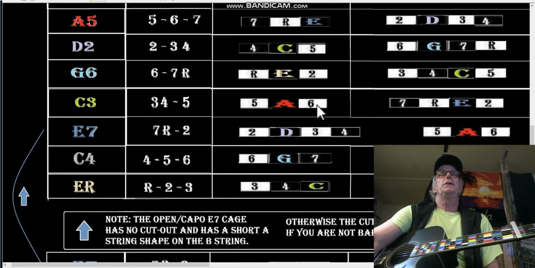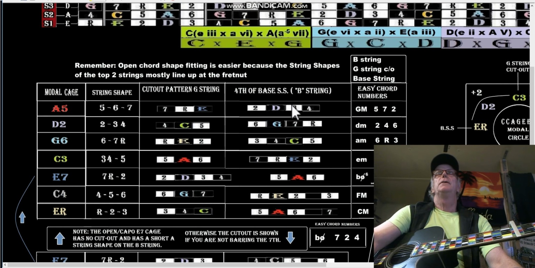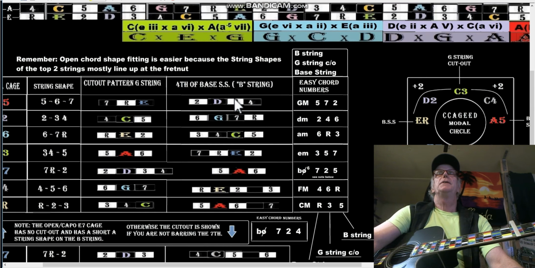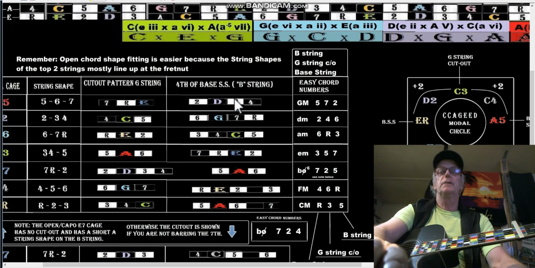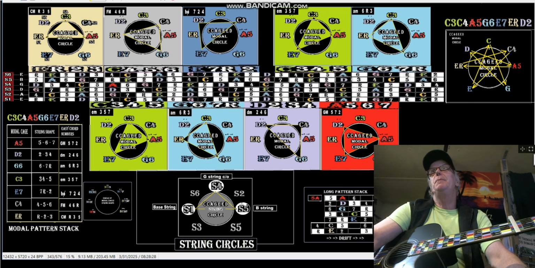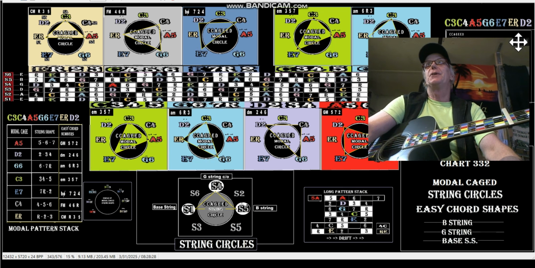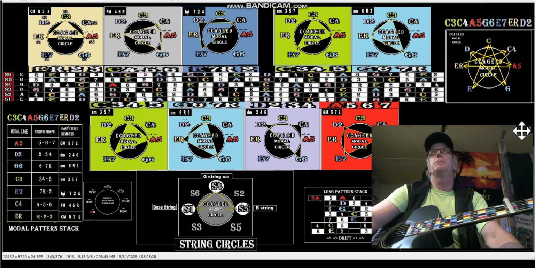So what we're going to do is play that 3, 5, 7, and advance the chart here. I'm going to show you this particular chart I made, because we don't want to let charts go to waste. 332, modal caged string circles, easy chord shapes, B string, G string, and the bass string shape.